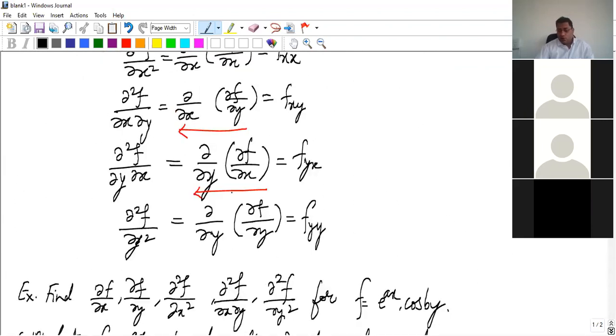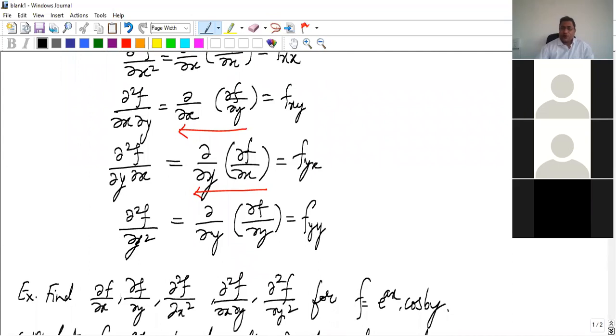That's why I have written these two derivatives, not the same one. But sir, ∂²f by ∂x∂y is equal to ∂²f by ∂y∂x, no? That may be true for some functions, but not for all functions.